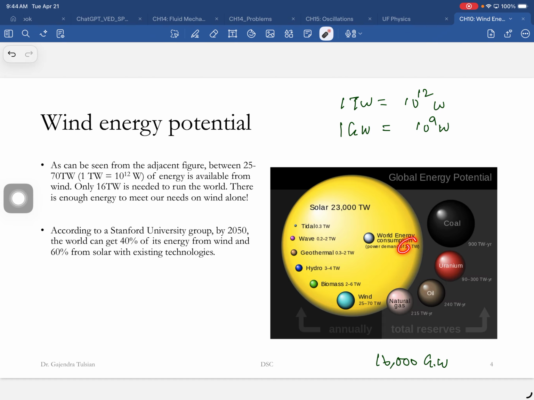So wind power per capita: how much power are you producing per person? Look at this. Denmark is producing about 800 watts per person. So every Danish person is running their life just on wind power. That's what that means.